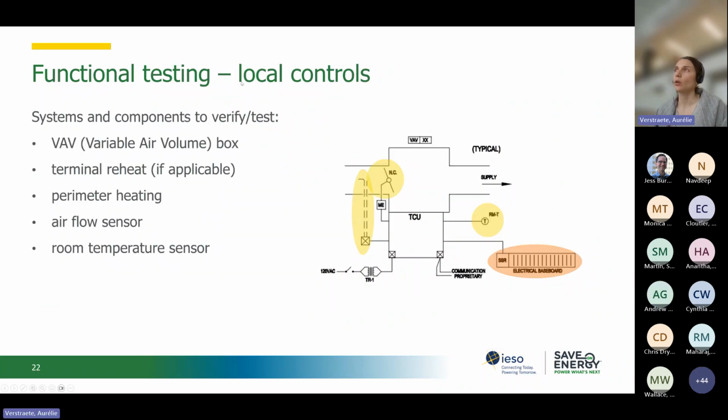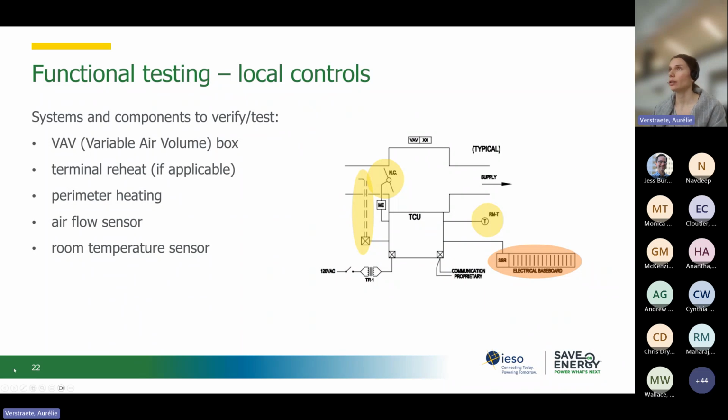Then local controls. During an existing building commissioning project, you want to test local controls. Actually, you can test them with a sampling method. It could be very exhaustive and very long to test all room controls, but maybe you can select several and see what you discover.